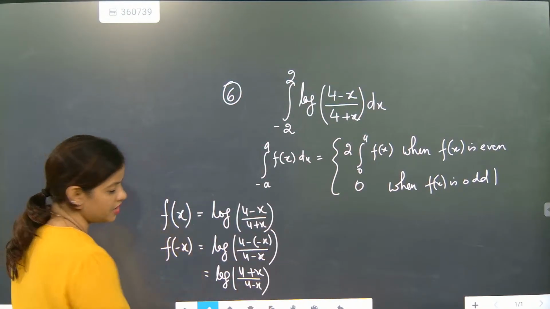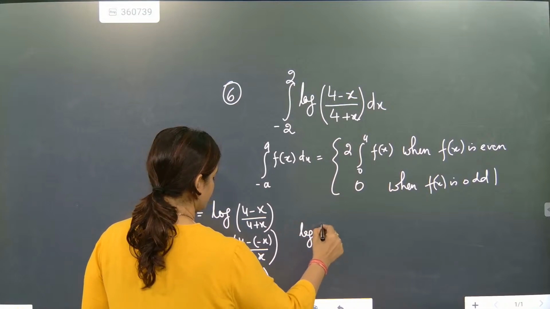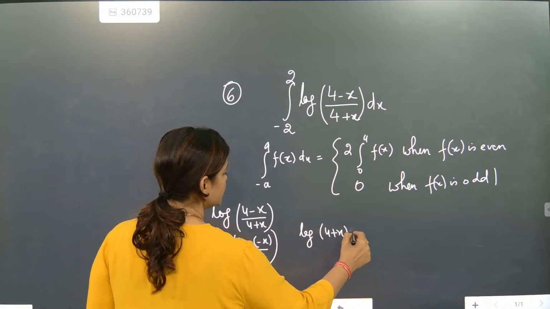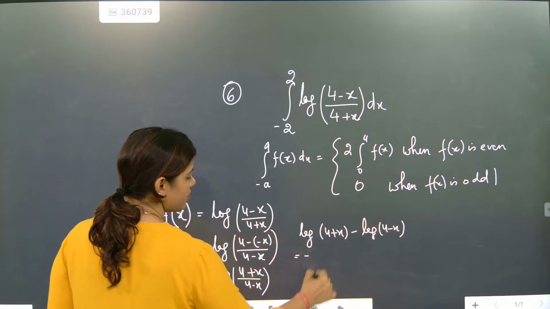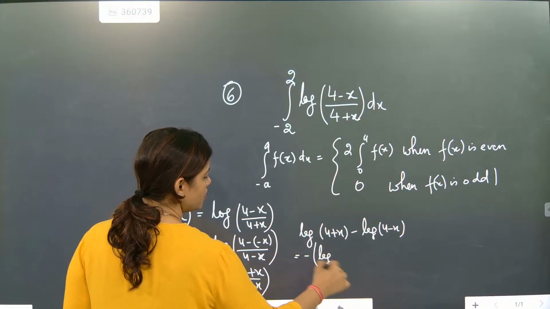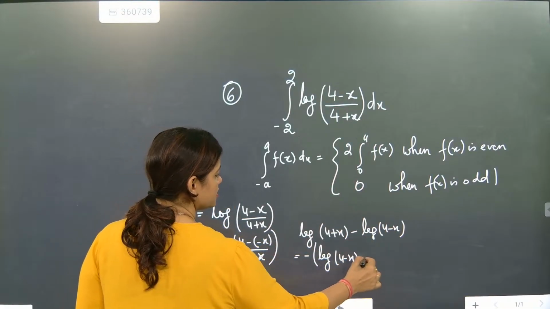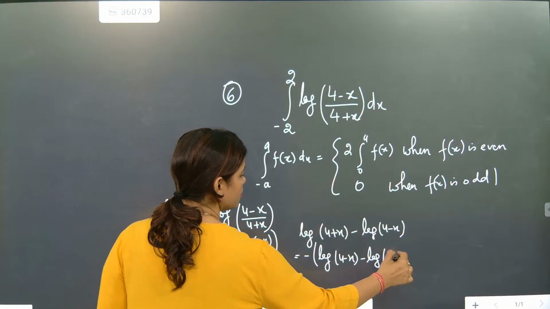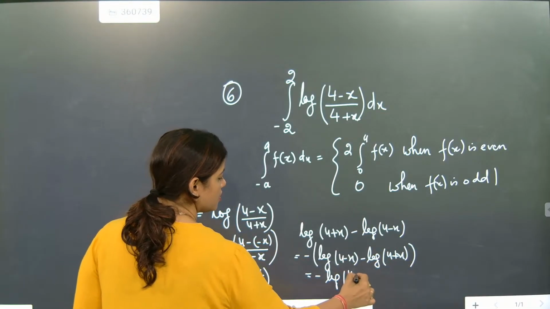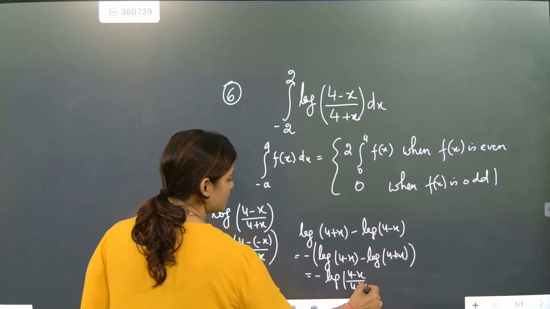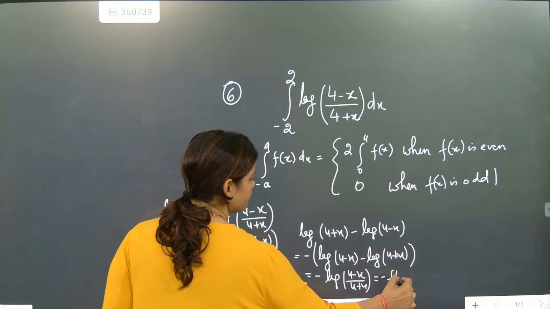This will be written as log (4 plus x) minus log (4 minus x). Take minus common: it becomes log (4 minus x) minus log (4 plus x). So this becomes minus log of (4 minus x) by (4 plus x). This is minus f of x.